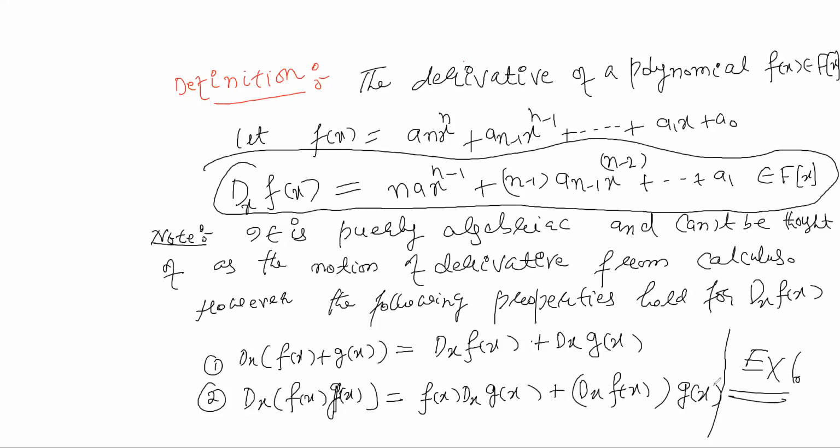Now we actually link this derivative with the multiplicity of the roots of a polynomial via this proposition, which is very important. And actually the whole of our future results in this particular topic are based on this proposition.